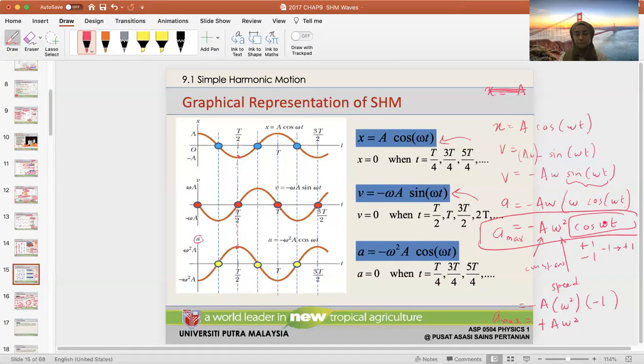So kalau macam ni, can we remember that when we want to find the maximum acceleration, the equation must be negative A omega squared multiplied by negative 1? So to make the A maximum, negative A omega squared, you want to just directly go to positive A omega squared ke?